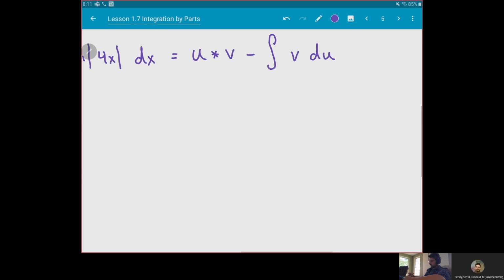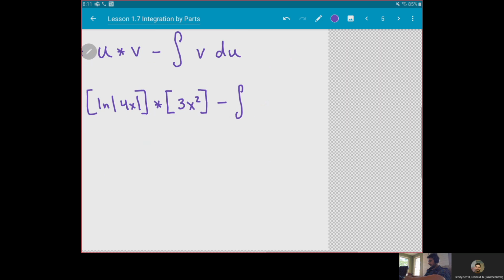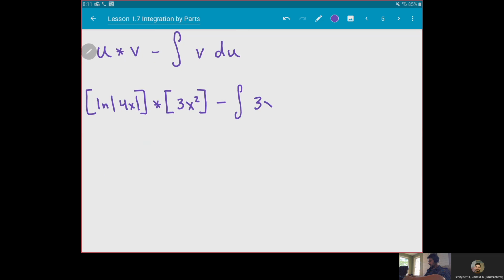Okay, so u is equal to ln of 4x. V is equal to 3x squared, minus the integral of 3x squared times 1 over x dx.